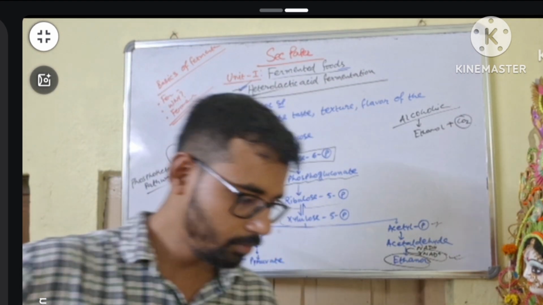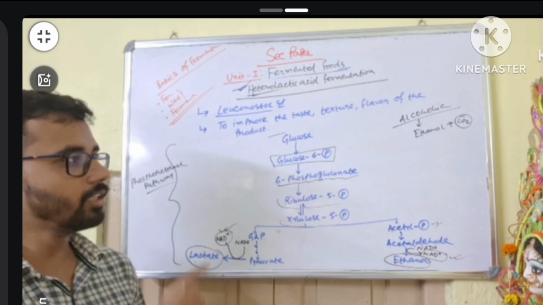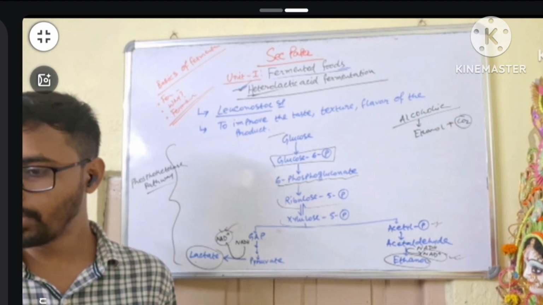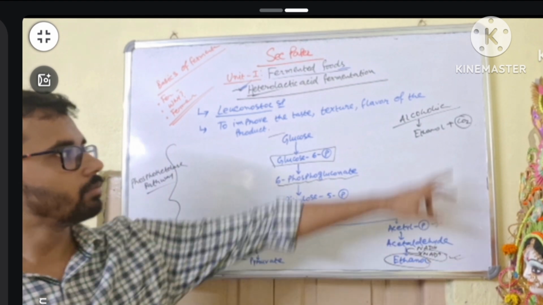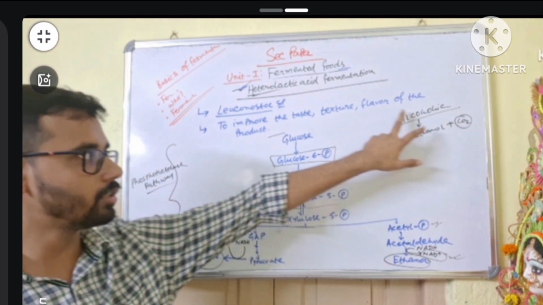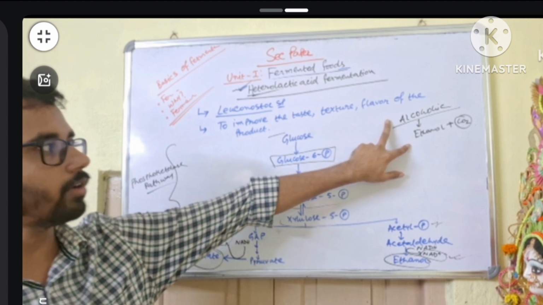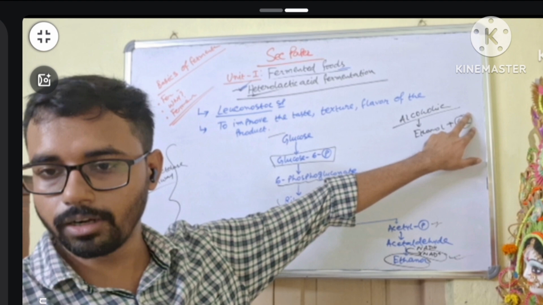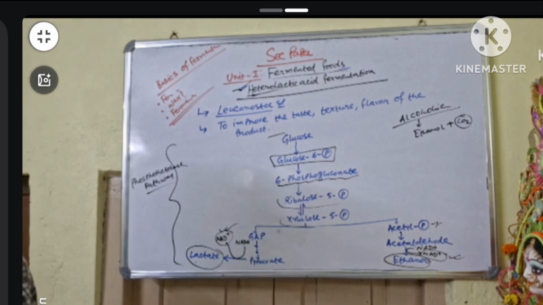Janvi mentioned before this class, during the fermentation, that the dough puffs up by means of carbon dioxide production. When alcoholic fermentation is done by yeast, carbon dioxide is also generated, and this is also helpful in further improving the fermented products.